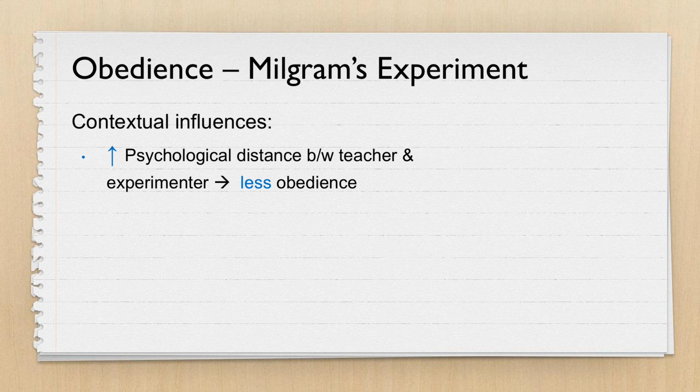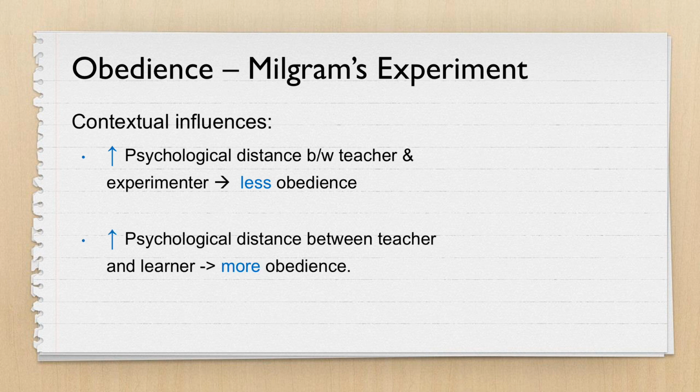Participants were much more obedient when the experimenter was in the same room as the participant, compared to when the experimenter gave the participant instructions by phone. So it means the further away the experimenter, the less obedient the participant becomes.